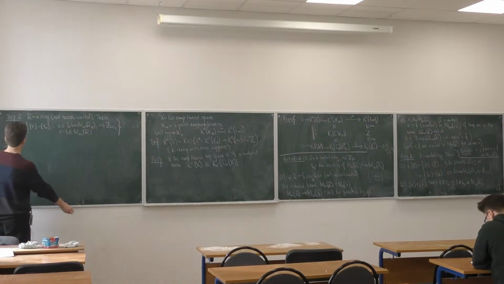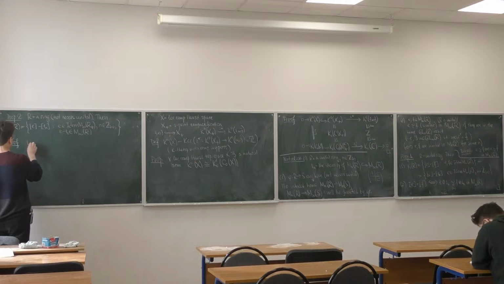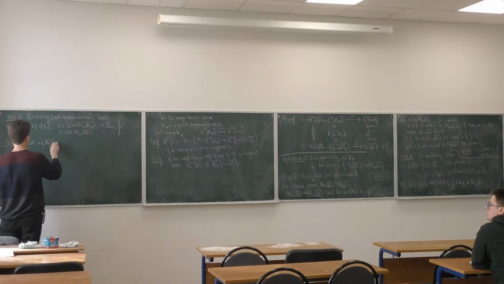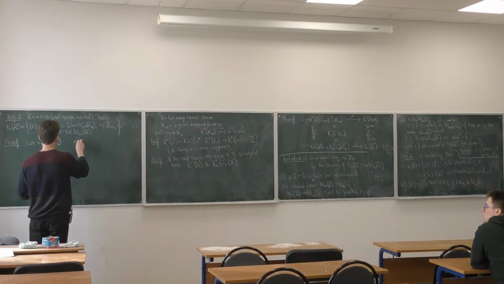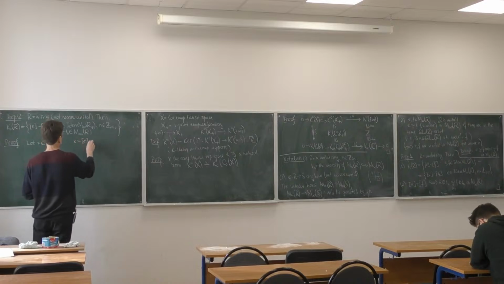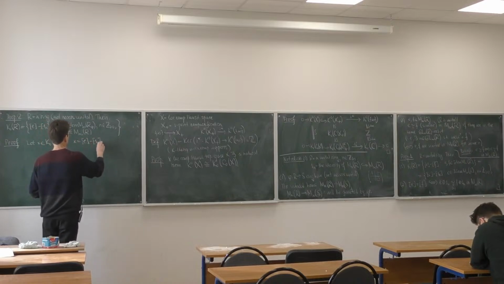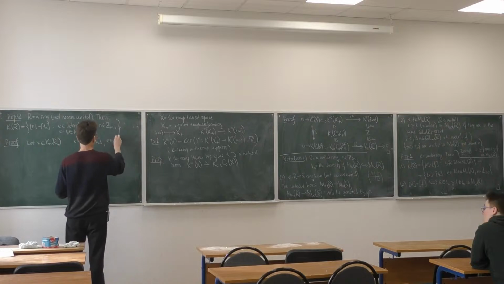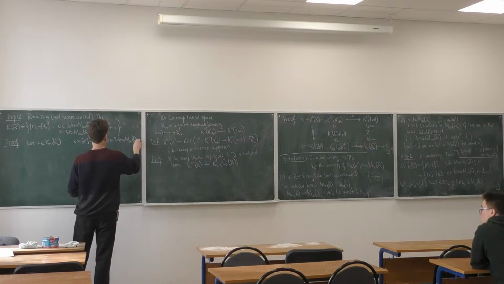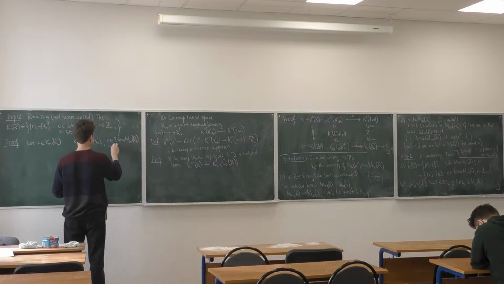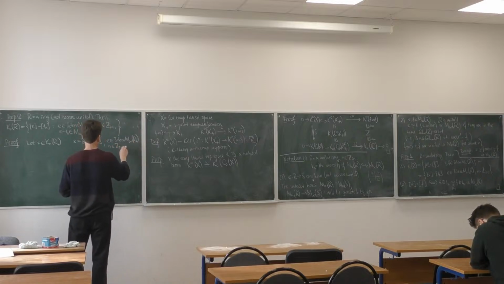So let's take an element x, first of all, in K0 of R plus. So we know that it has the form E minus 1n, where E is an idempotent over R plus, n is a non-negative integer.